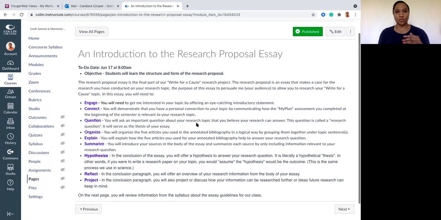So one of the things that we have to focus on for this essay is how to write an introduction that leads into body paragraphs that reintroduce your subject matter, but with a different purpose.